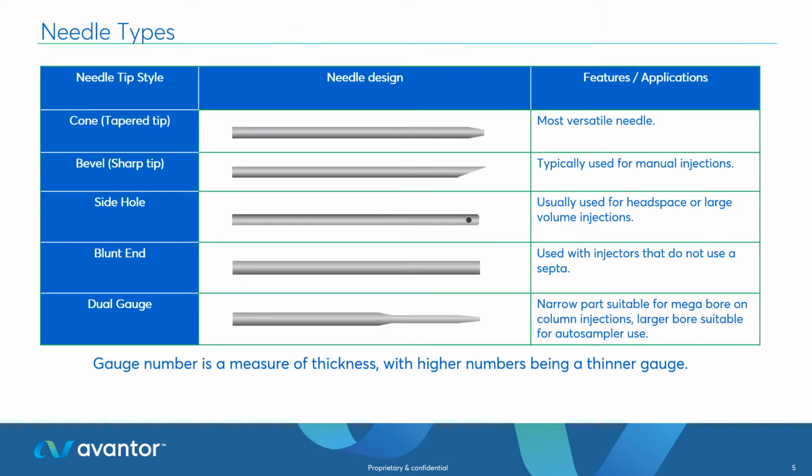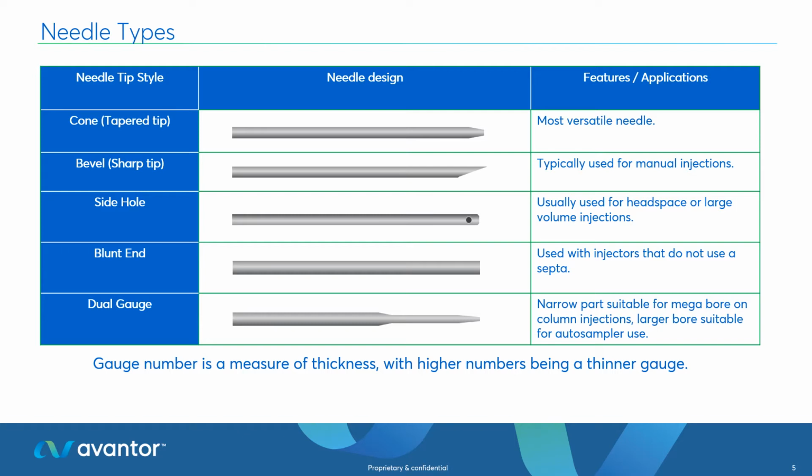In order to introduce the sample, we would typically use a syringe with a needle, and it's important that we choose the right type of needle in order to make sure that, one, we don't damage the instrumentation, but also that we get the correct transfer of the sample from the sample vial into the column.